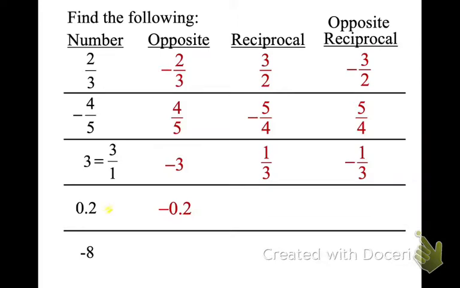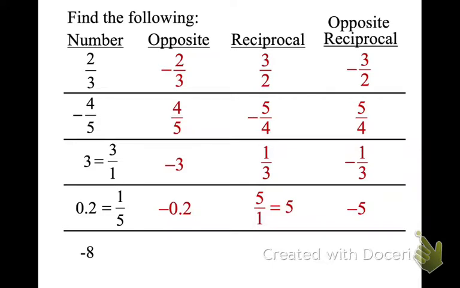But remember, this is 2/10, which reduces to 1/5. So the reciprocal would be 5. And then the opposite reciprocal would be negative 5.